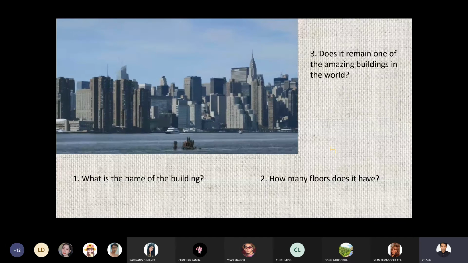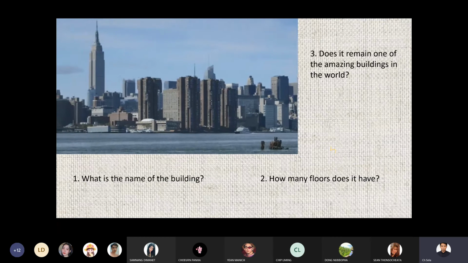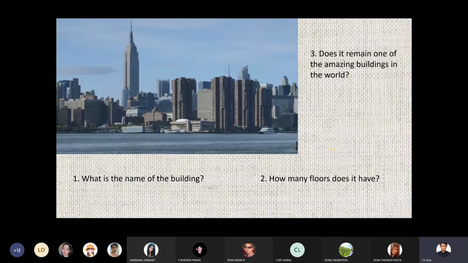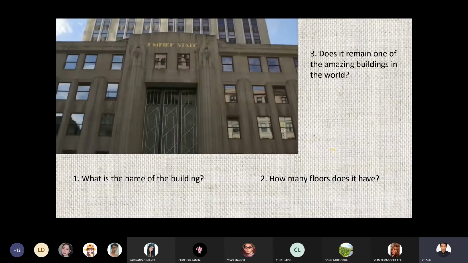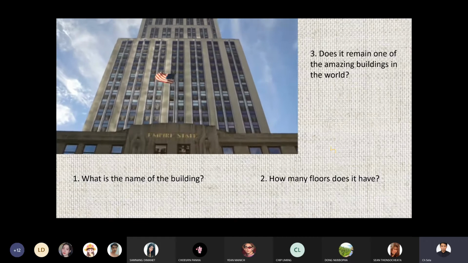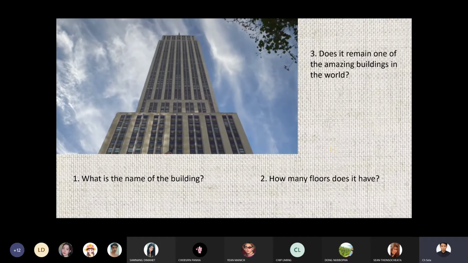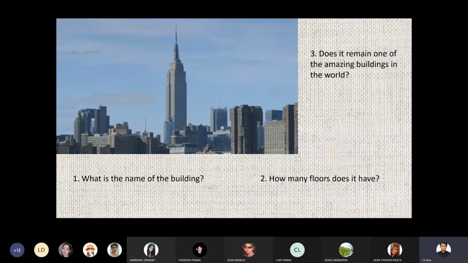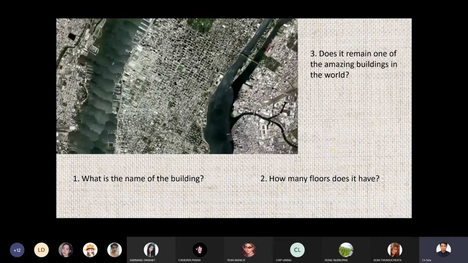The Manhattan skyline is one of the most famous views in the world. But for over 80 years, one building has been the most famous in New York, the Empire State Building. It is an incredible feat of architecture, and it has been named as one of the 7 wonders of the modern world by the American Society of Civil Engineers. The Empire State Building is in Midtown Manhattan in New York City and takes its name from the nickname for New York State.